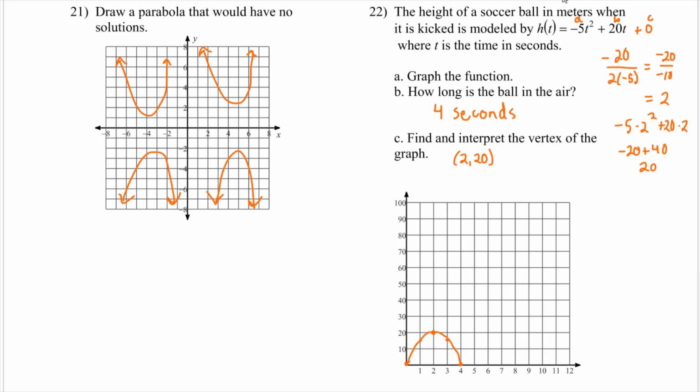And then part C says, find and interpret the vertex of the graph. So I found it. It's 2, 20. What does that mean in this situation? The 2 is talking about time, and the 20 is talking about height. So essentially our vertex is telling us that at 2 seconds the ball will be 20 meters high, which is the highest point that it reaches. So something to that effect.